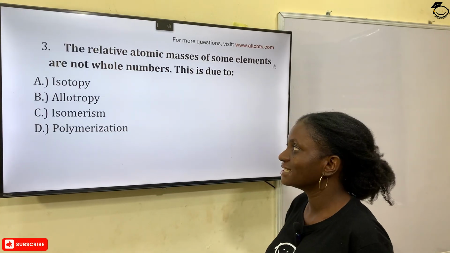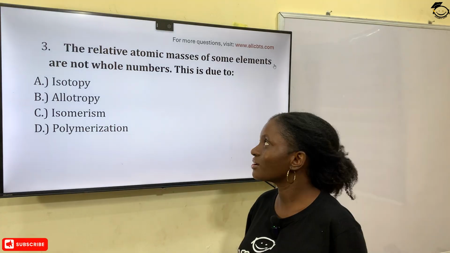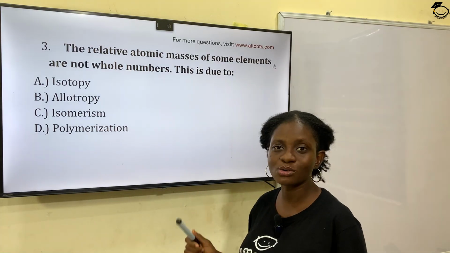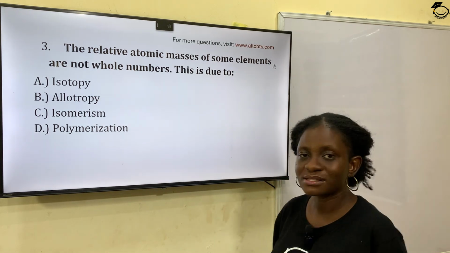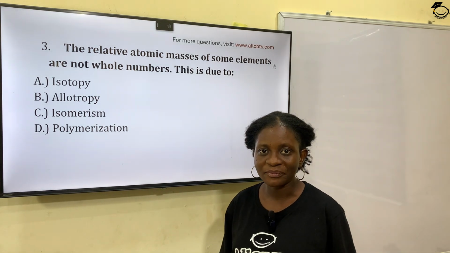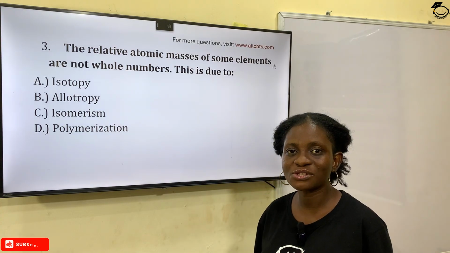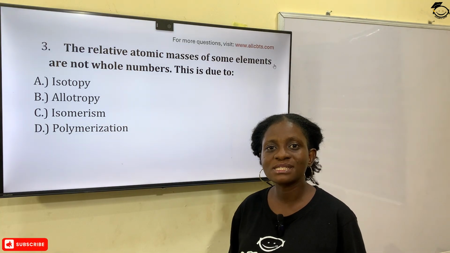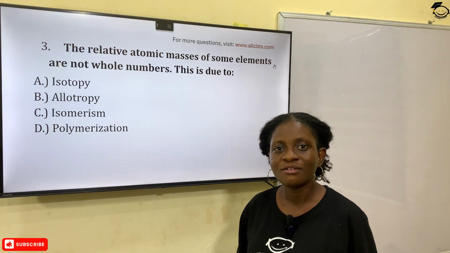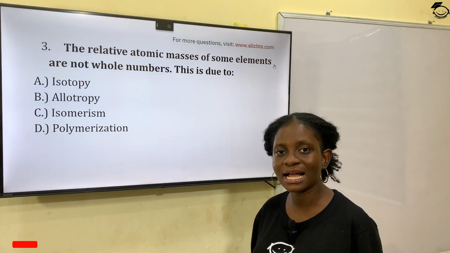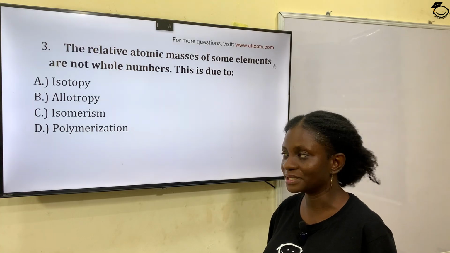Question 3. The relative atomic masses of some elements are not whole numbers. Why? Because of what is known as isotopy, meaning atoms of the same element have the same number of protons but different neutrons. For example, we have carbon and chlorine.